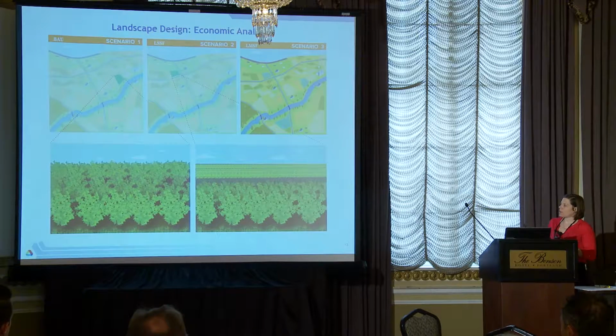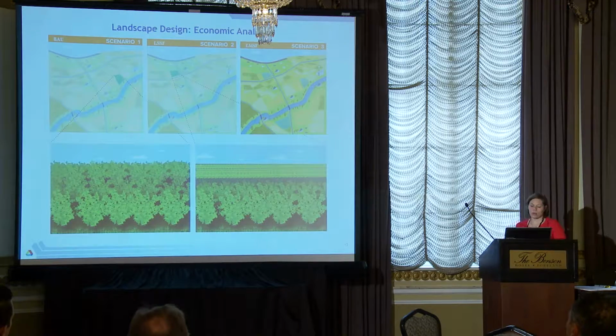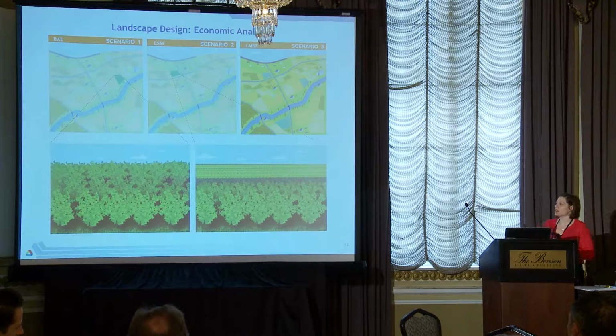And we came up with these 3 different scenarios. Our first scenario is business as usual, where we're just focusing on producing willows as a bioenergy crop commodity, and that's it. You have about a 10% headland for equipment maneuvering, and then an application of fertilizer at about 112 kilograms of nitrogen per hectare.